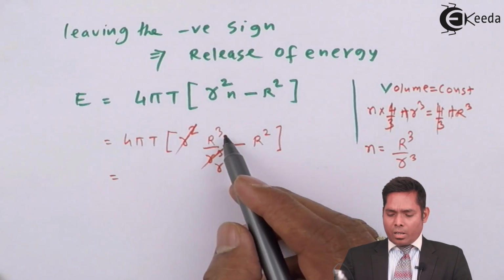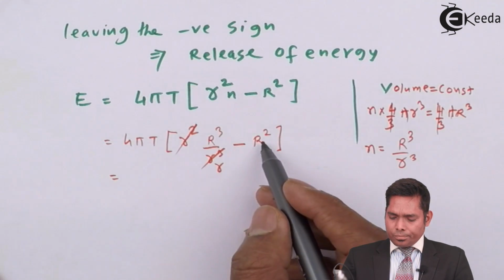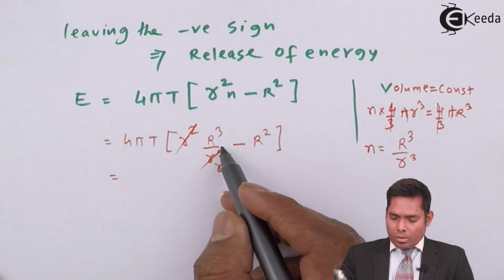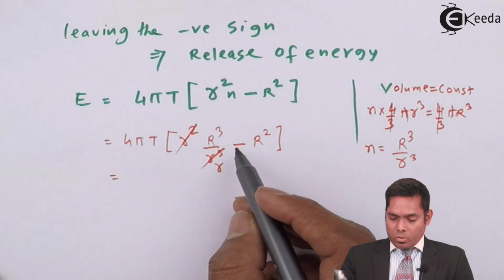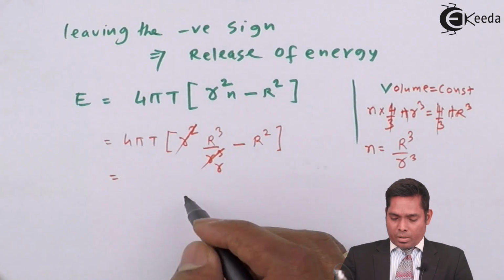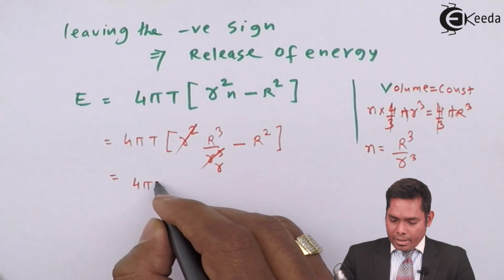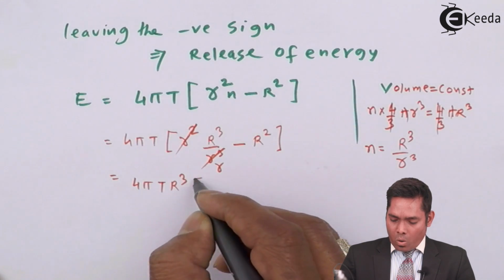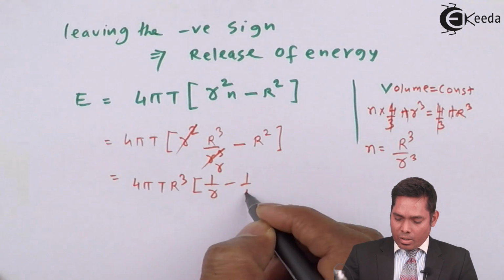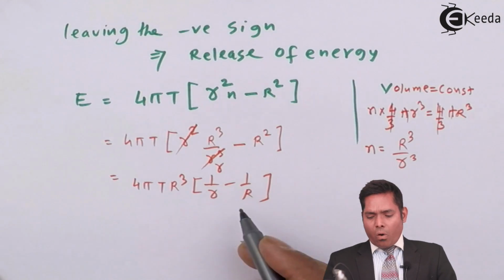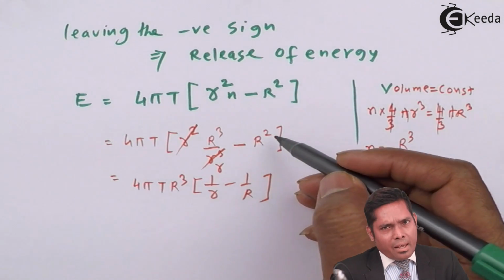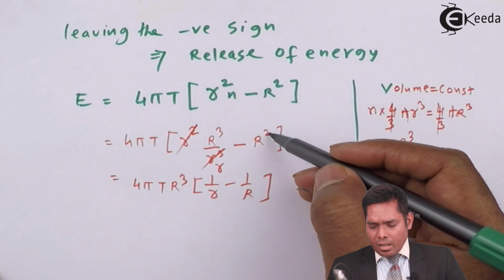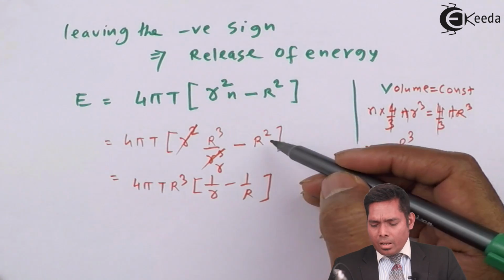If I take R cube out, 4 pi T R cube out, this is 1 over r minus 1 over R. This is the form that I'm getting, because this R square is there. One R I multiply here, and one R I divide here.